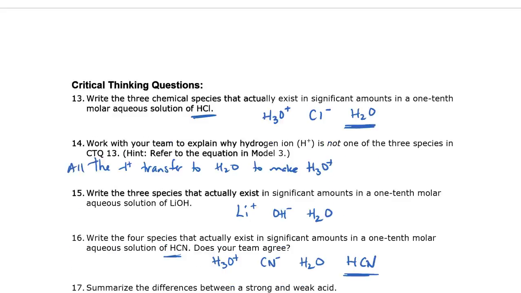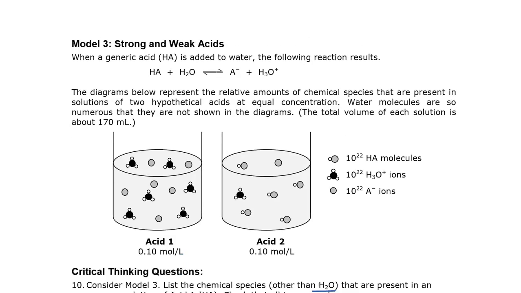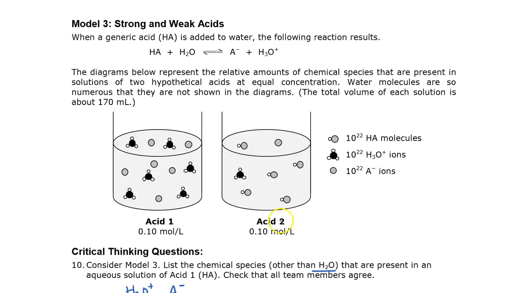When I look at the picture here, HCN would be analogous to acid 2, and since it's a weak acid, this dot would have to be the CN altogether, and the little tiny dot, the H, and so most of the HCNs remain stuck together. Only a few of them dissociate into hydronium and cyanide ions.